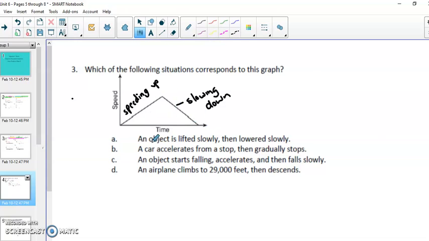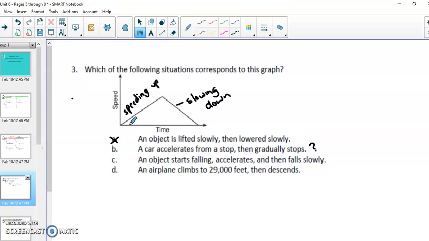Speeding up, slowing down. An object is lifted slowly, then lowered slowly. No, that doesn't sound right. A car accelerates from a stop, then gradually stops. That's a maybe. We'll put a question mark there. An object starts falling, accelerates, then falls slowly.